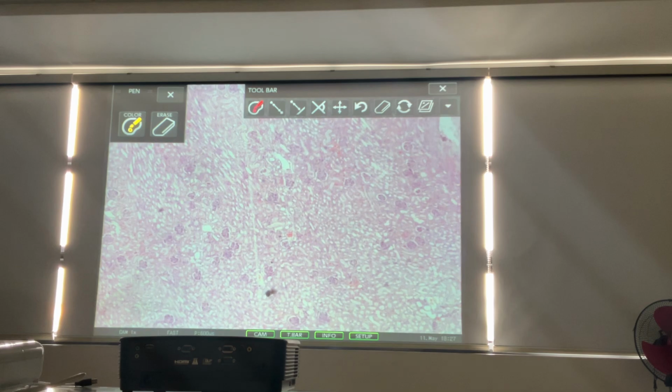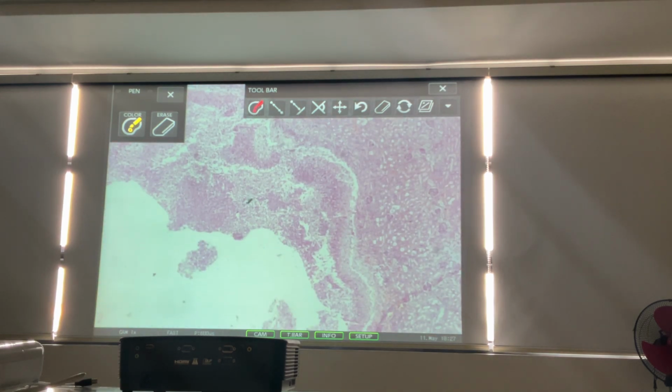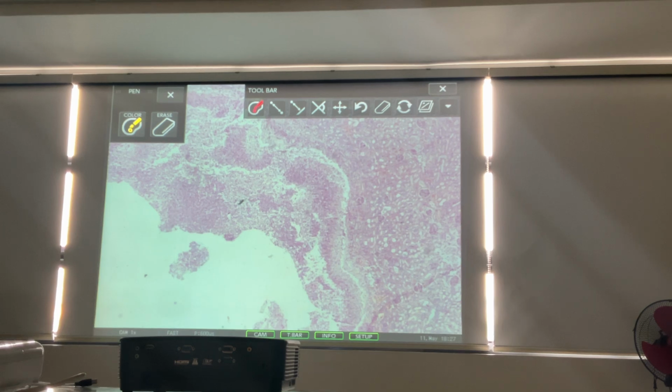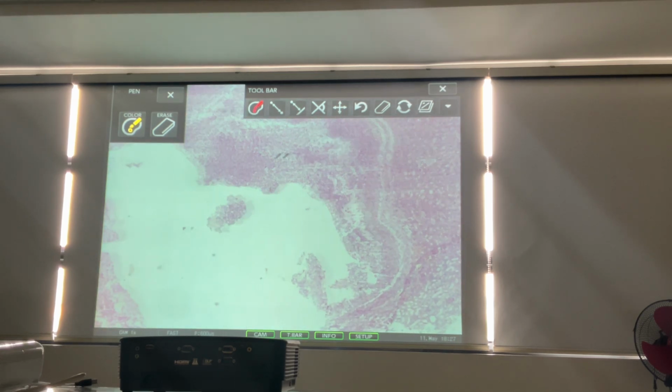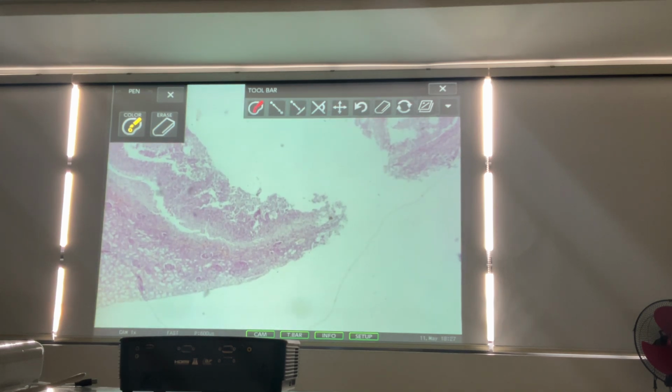Although most of the time we only do antibiotic treatment for kidney abscess. It could potentially lead to renal insufficiency. What else? Sepsis. What else?